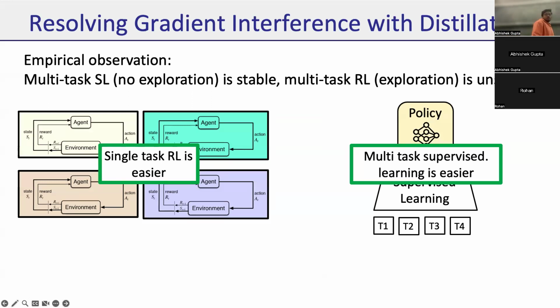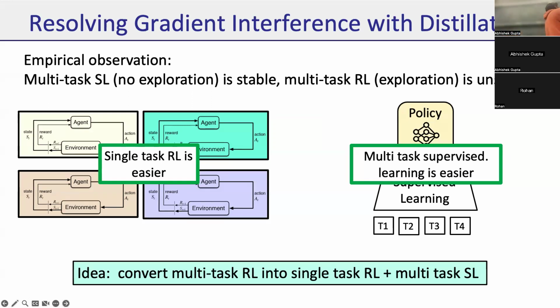So the idea here is that you can convert multitask RL into a bunch of single task RL problems plus a multitask supervised learning problem. You're doing exploration with single tasks, and then combining it into a single policy with multitask supervised learning. So no exploration in the multitask part. That basically removes this mix of conflicting gradients and exploration.